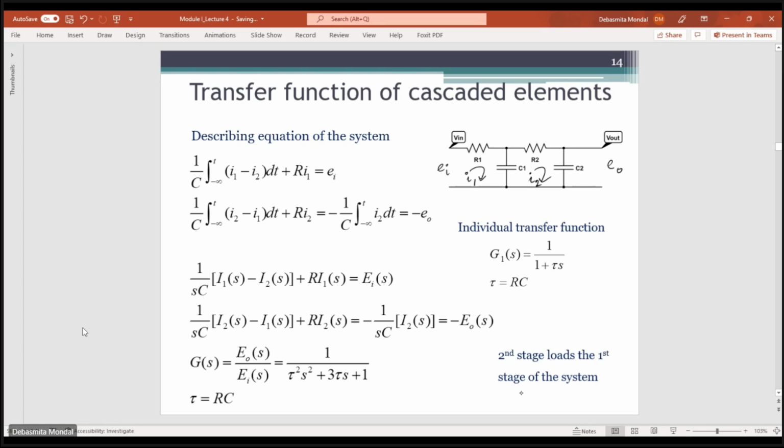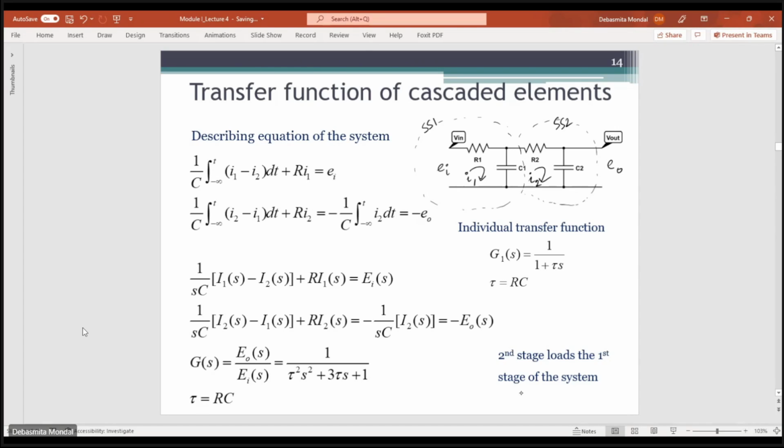This is your subsystem number 1, and this is your subsystem number 2.